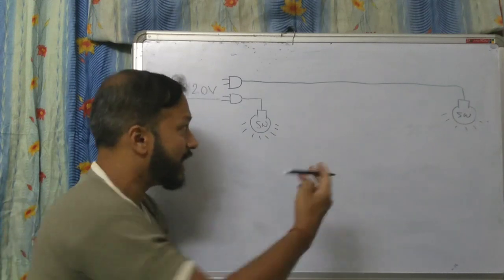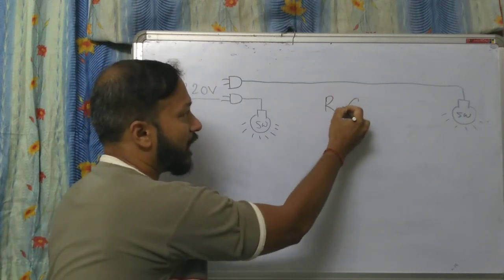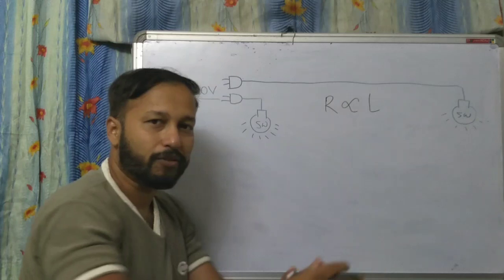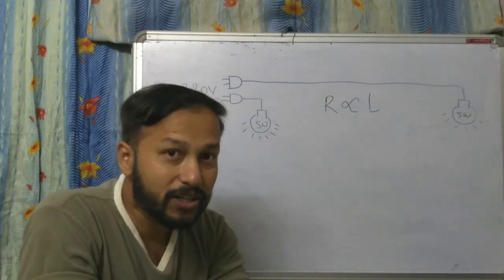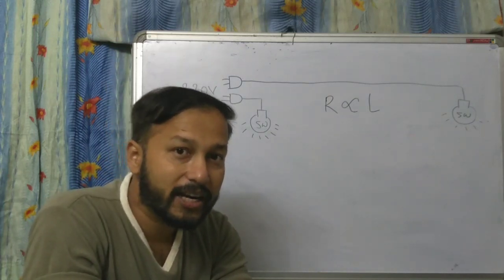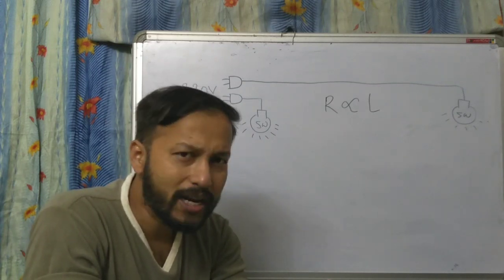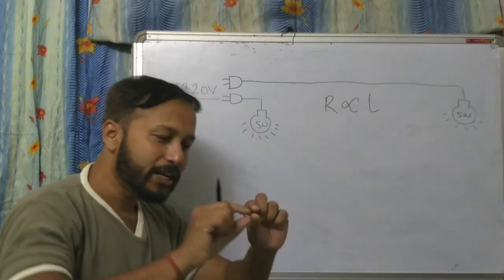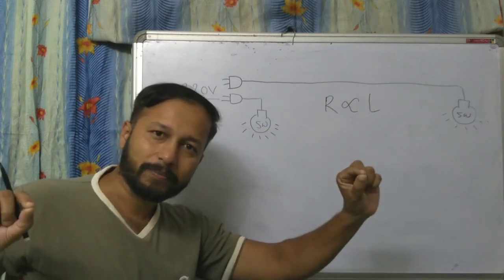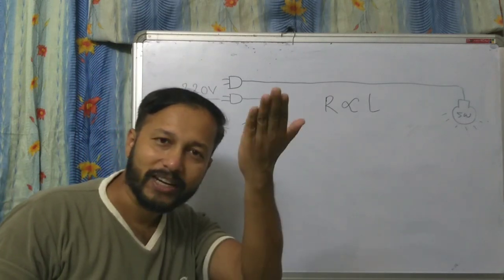So we can write that resistance is directly proportional to the length of the wire. Yes, I repeat, resistance is directly proportional to the length of the wire. Why? Because when you are increasing the length, the resistance also increases.